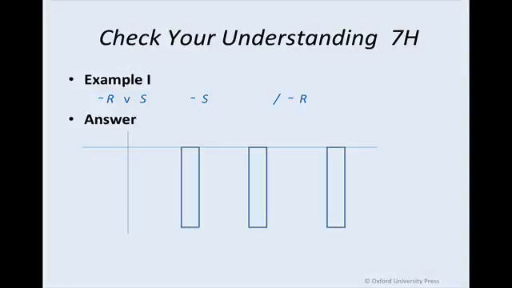All right, let's practice. We have two simple sentences, R and S. So we have two reference columns, and we lay out our values according to the standard method, which is the column to the far left takes half true, half false, and then the column to the right takes alternately true, false.